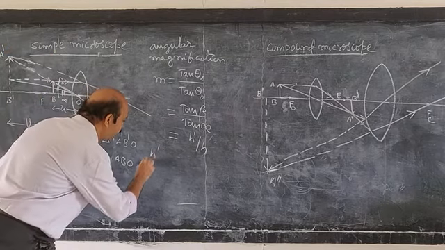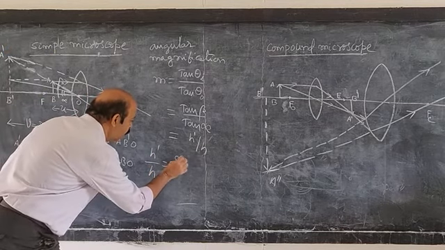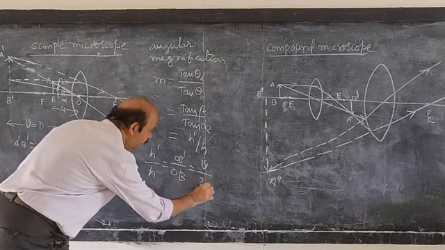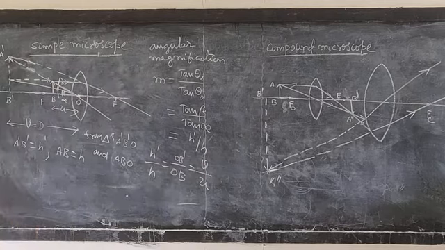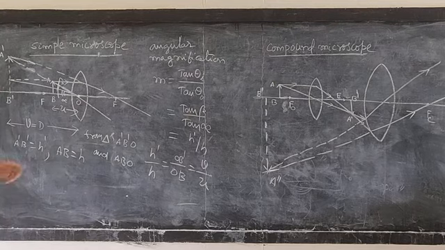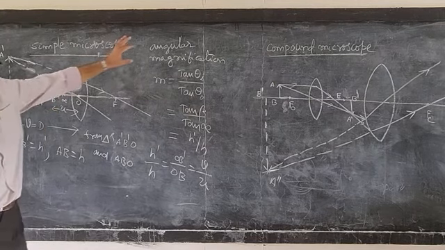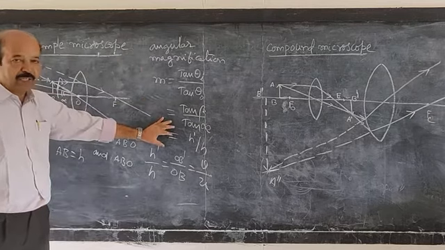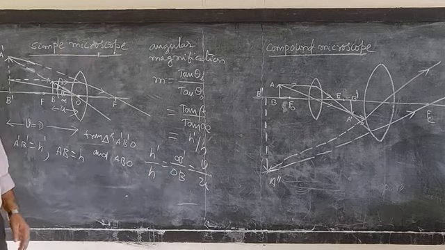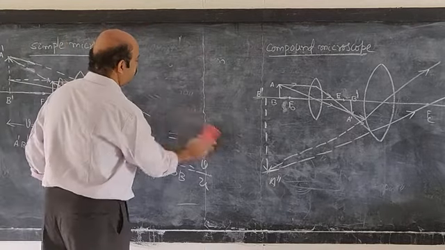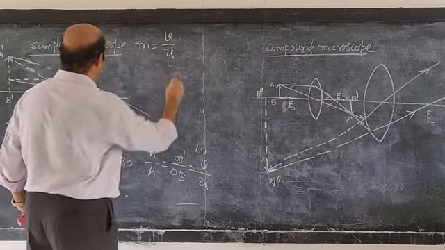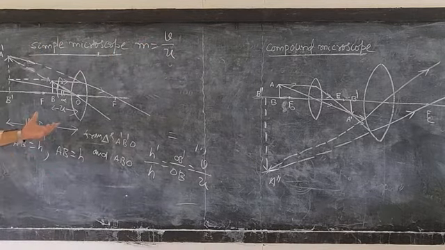Therefore, h dash by h is equal to OB dash by OB, which is nothing but image distance by object distance, that is equal to V by U. So what we have shown here is that angular magnification is equal to linear magnification, and hence M is equal to V by U.